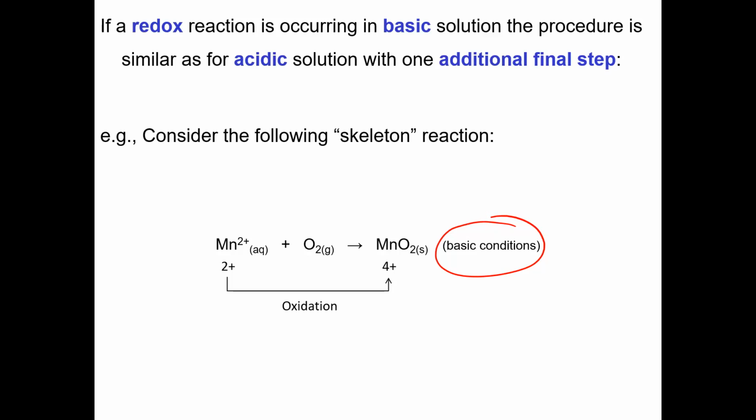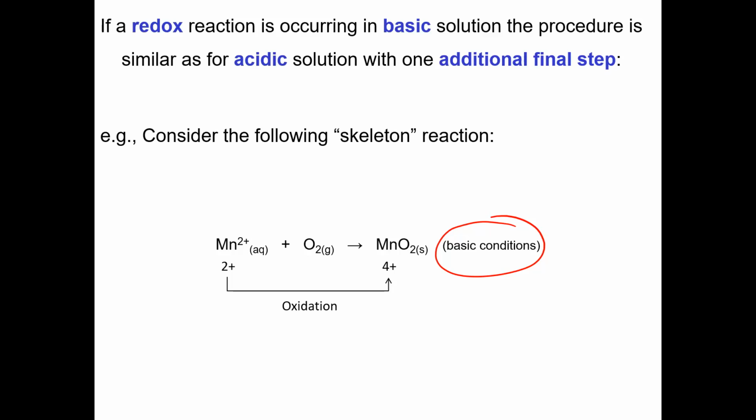So let's assign some oxidation numbers to see what's going on. The manganese 2+ ion, because it's a monatomic ion, has an oxidation number of +2, and then the manganese in MnO2 must have an oxidation number of +4 to offset the 2 oxygens, which each have an oxidation number of -2. So the manganese 2+ ions are oxidized by 2 electrons from the +2 state to the +4 state.